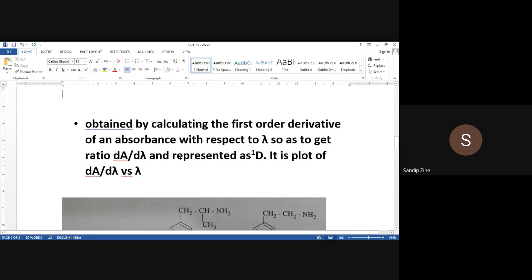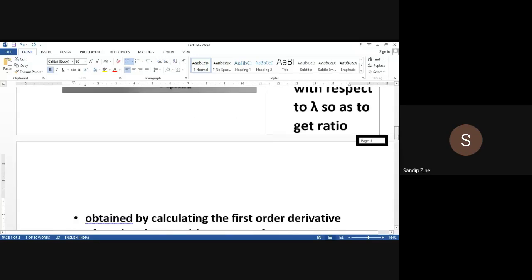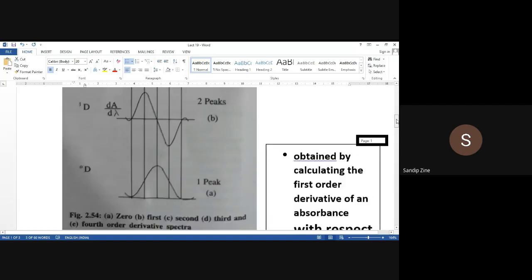So it is obtained by calculating the first order derivative of an absorbance with respect to the wavelength, so as to get the ratio of dA divided by d lambda, or the derivative of absorbance divided by the derivative of wavelength, and it is represented by 1D. So obviously it is a graph of dA by d lambda versus wavelength. This is a first order spectrum as you are observing over here, isn't it?